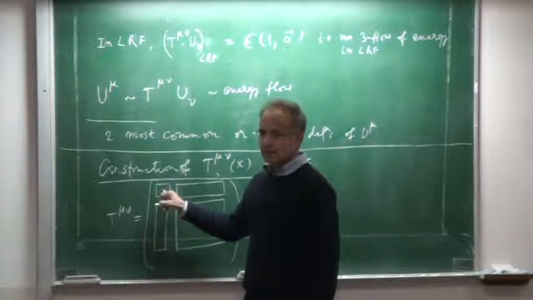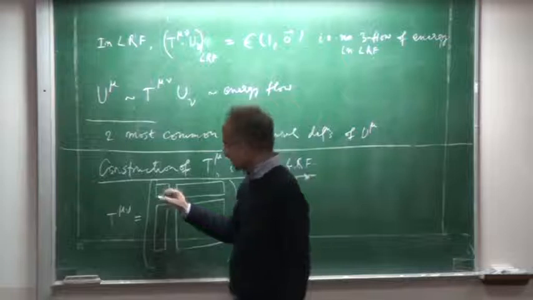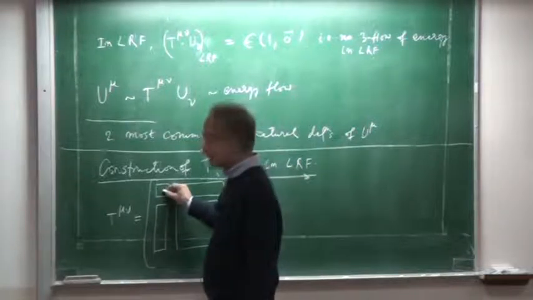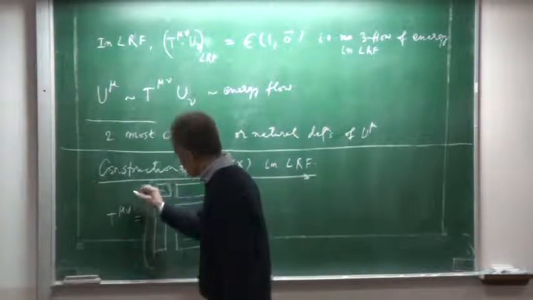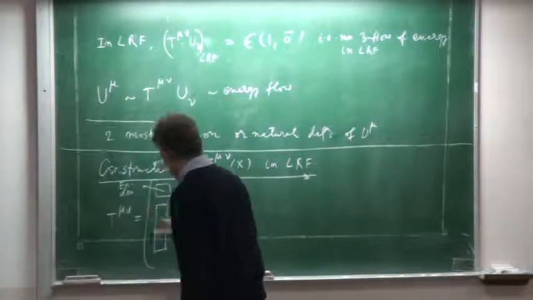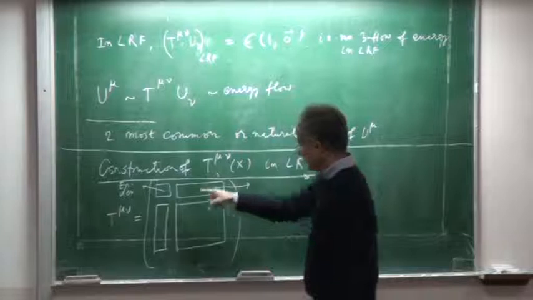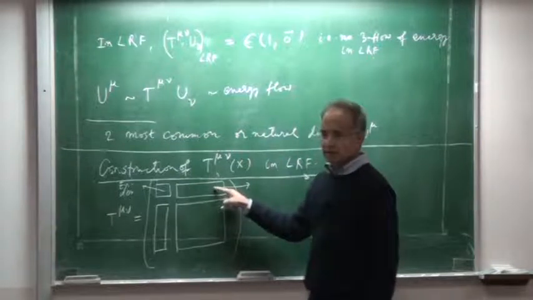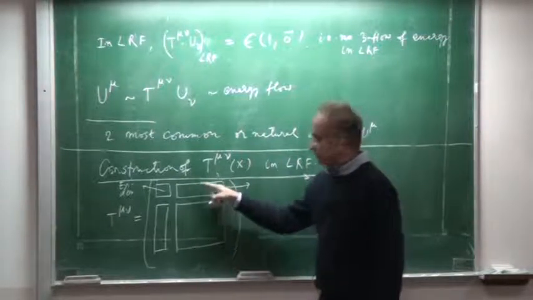What was the meaning of that? Energy density. This was energy density. And there are three numbers here. What was the meaning of those three numbers?